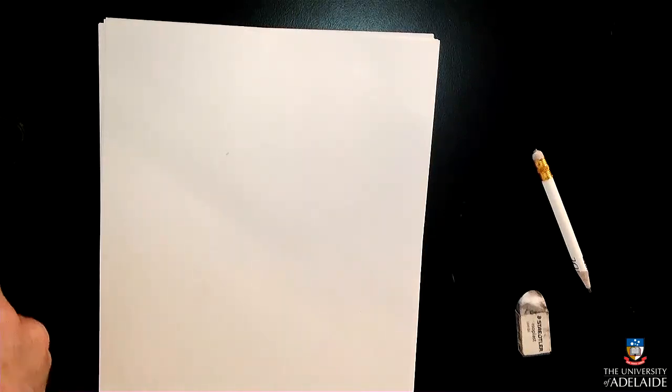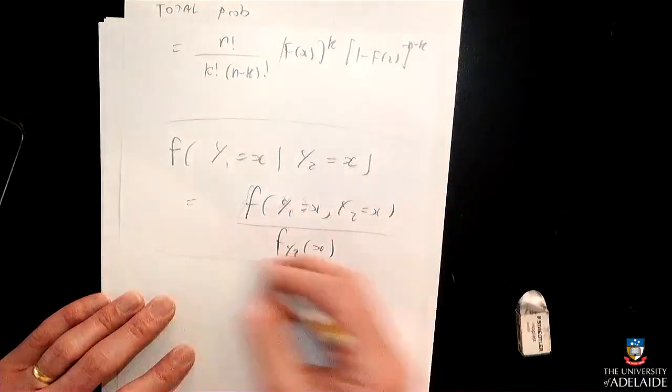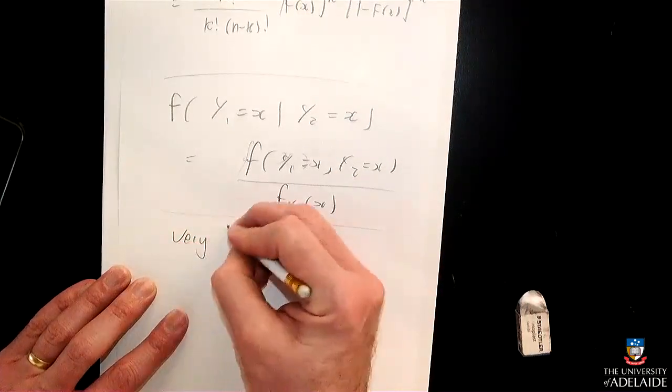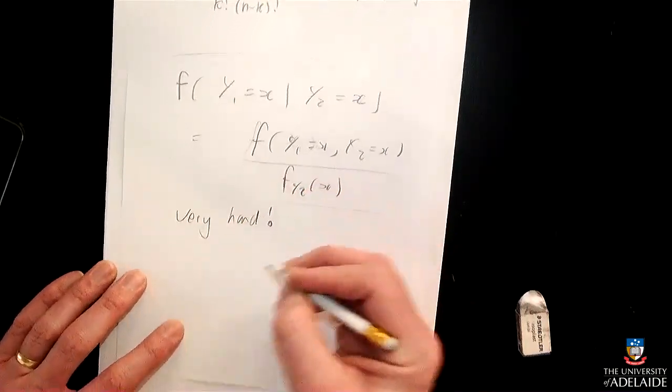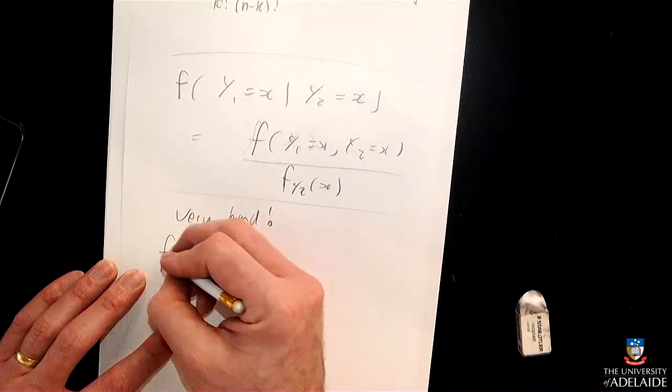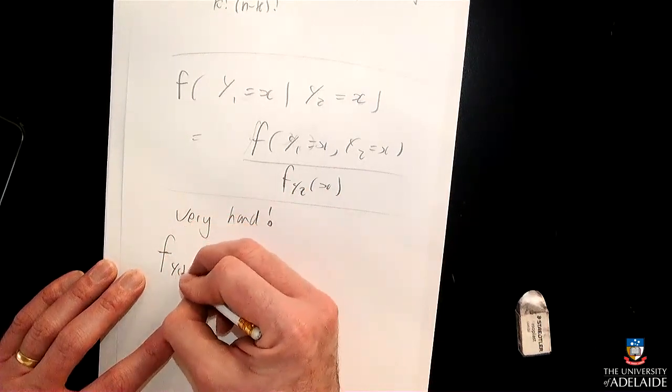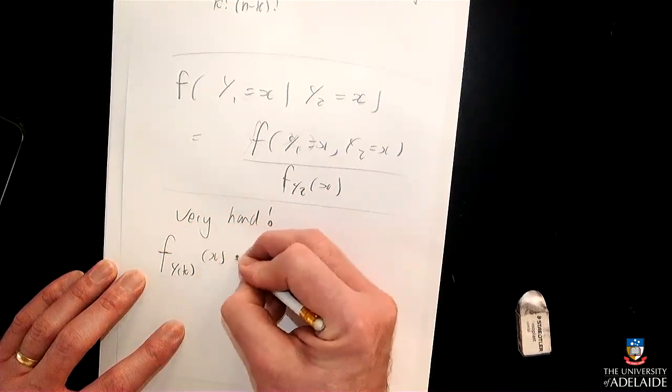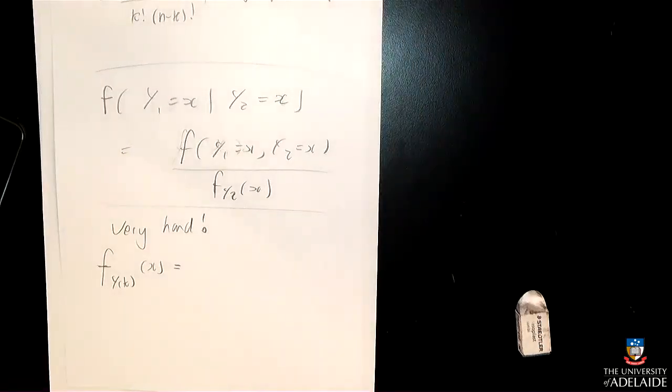Right. So there was a distribution for the order statistics. I'm just going to write down here. This is very hard. Apparently the answer is this, according to the notes.